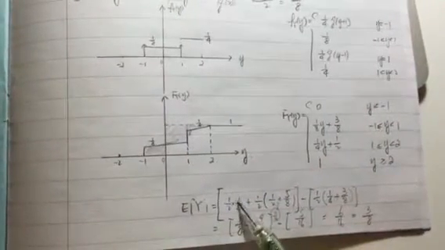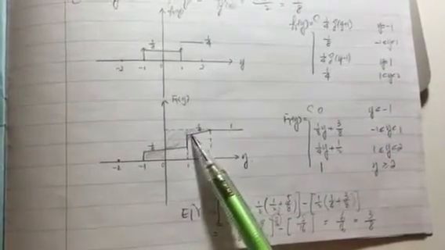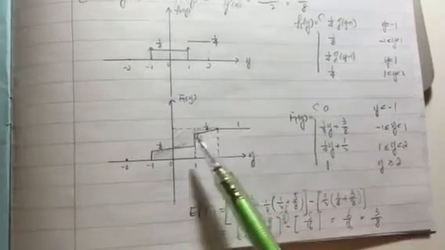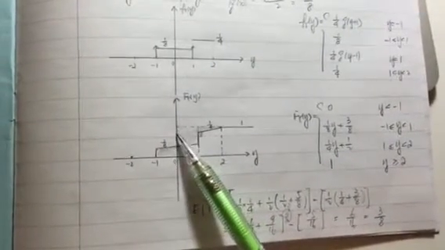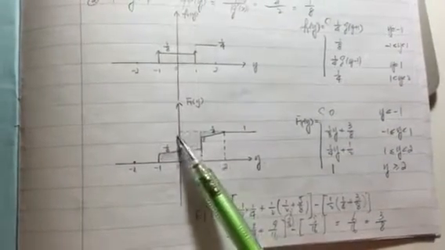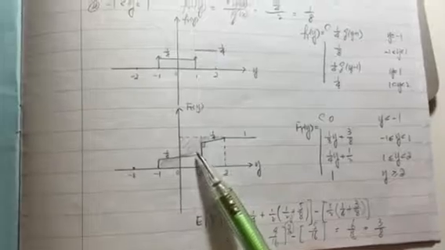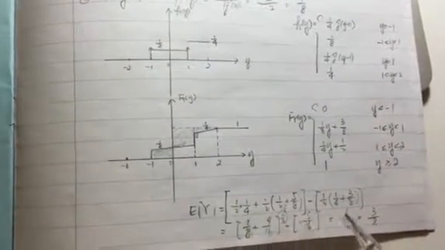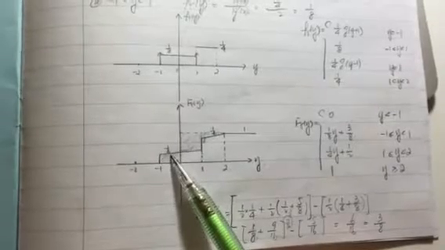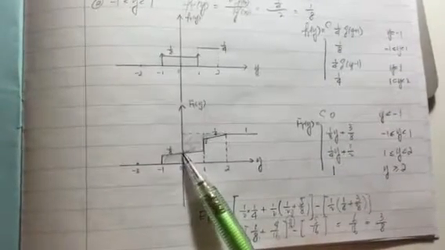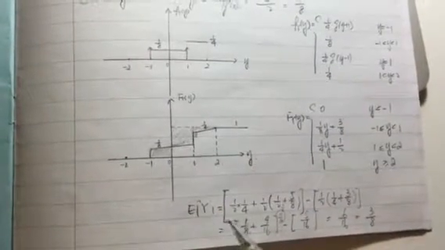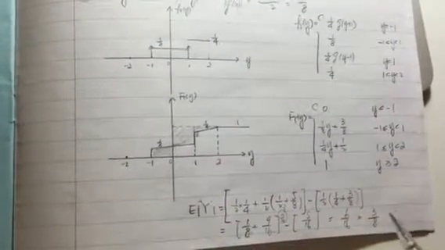So the area is 1/2 times 1/4 times 1 plus 1/2 times 1/2 plus 5/8, minus 1/2 times 1/4 plus 3/8. The final answer for the expected value of y is 3/8.